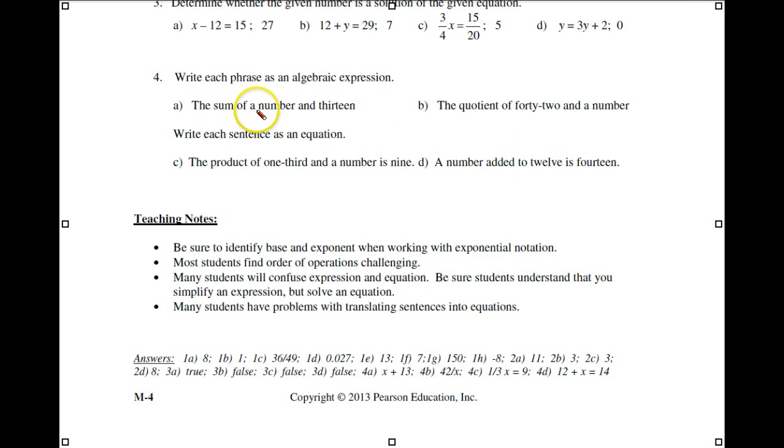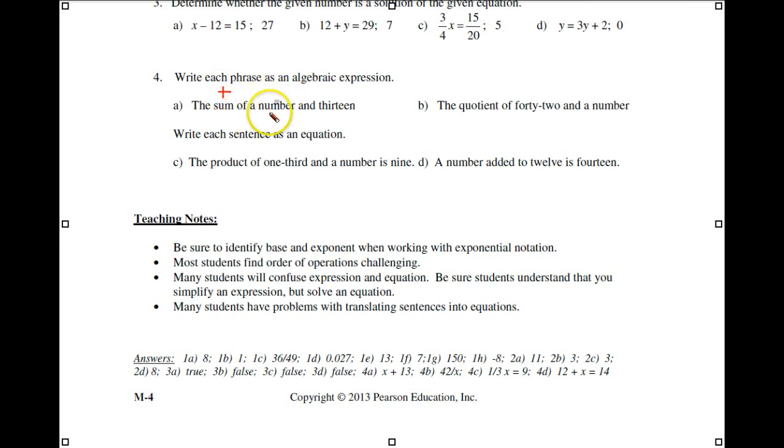The sum of a number and 13. Well, the key word here is sum. What operation in algebra does this indicate? A sum. Well, we're going to add.